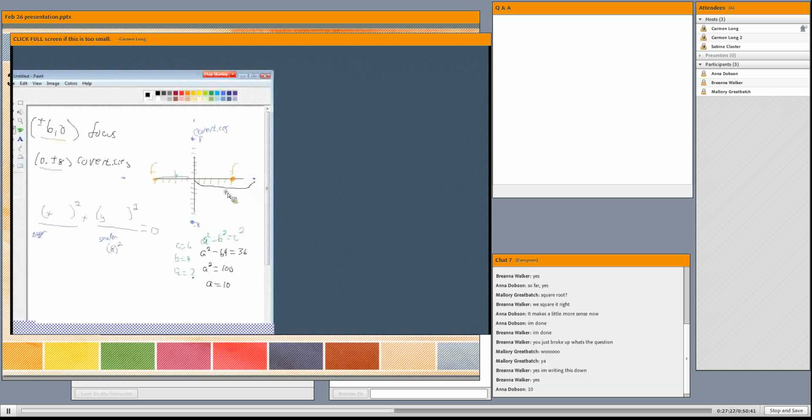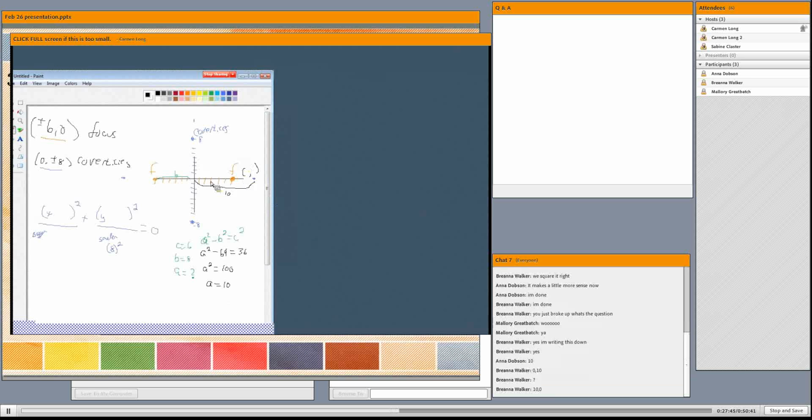If this is 0 to 10, what's the ordered pair for that vertex? It's going to be 10, 0 or 0, 10. 0, 10 is going to be up here, though, or way up here. The other way around. Remember, the x part goes first. So we're going to go 10 units on the x-axis and 0 units up or down.